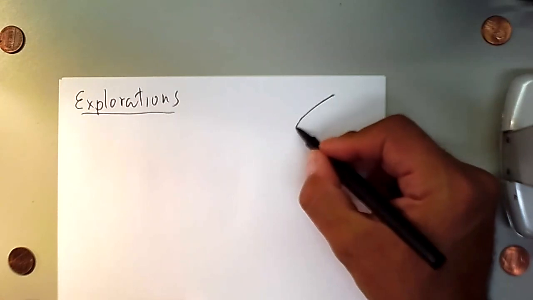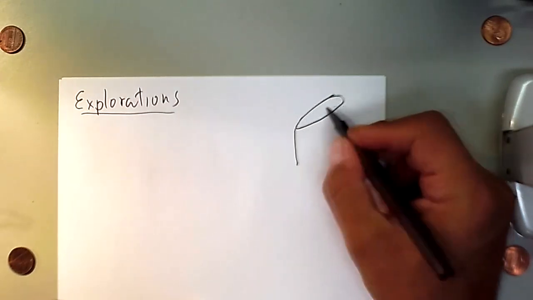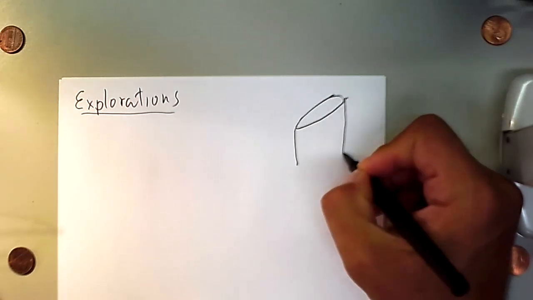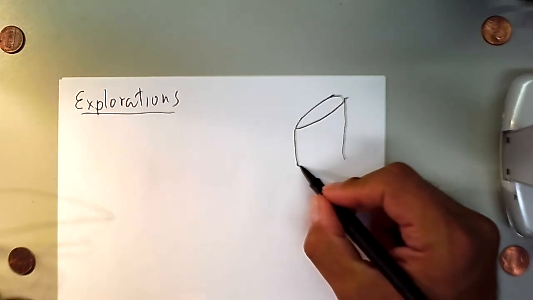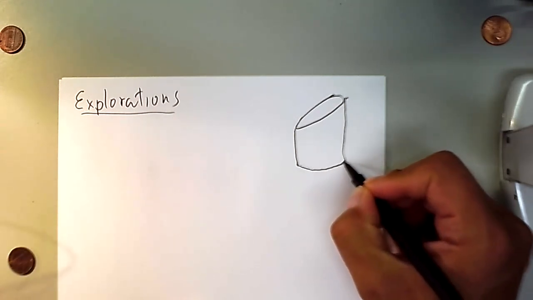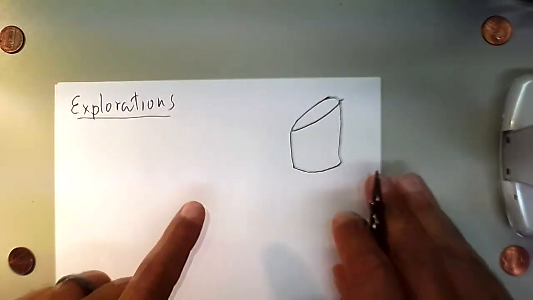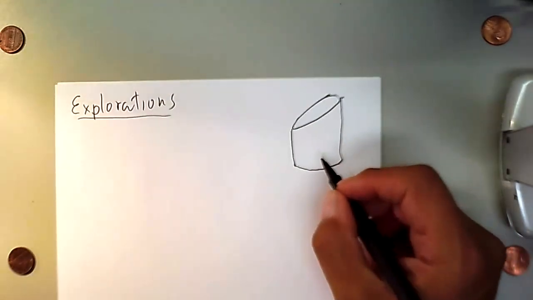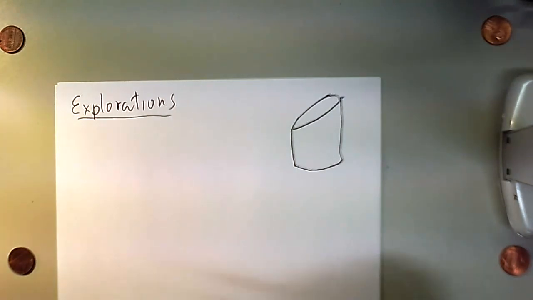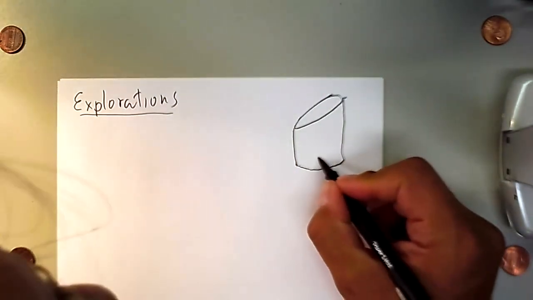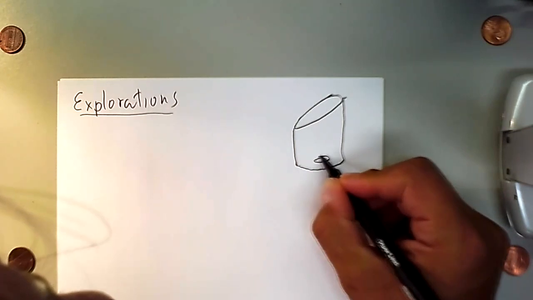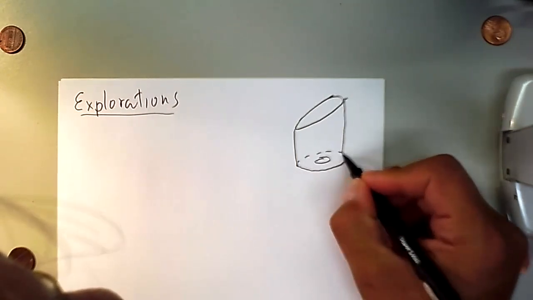So say you have the top, the sides, but then there is part of the floor. The floor is partially closed in. So pretend there's another circle here on the floor.